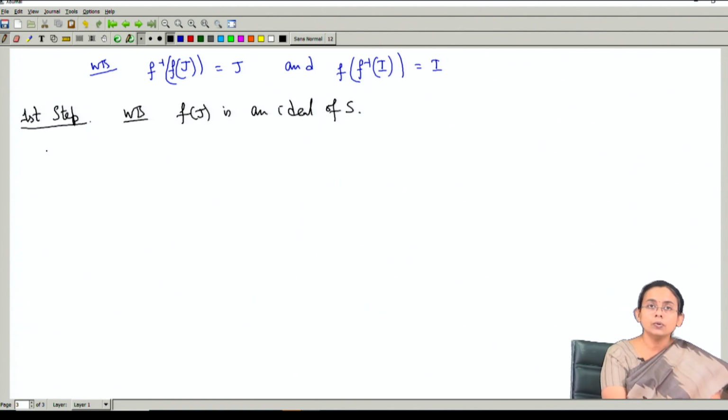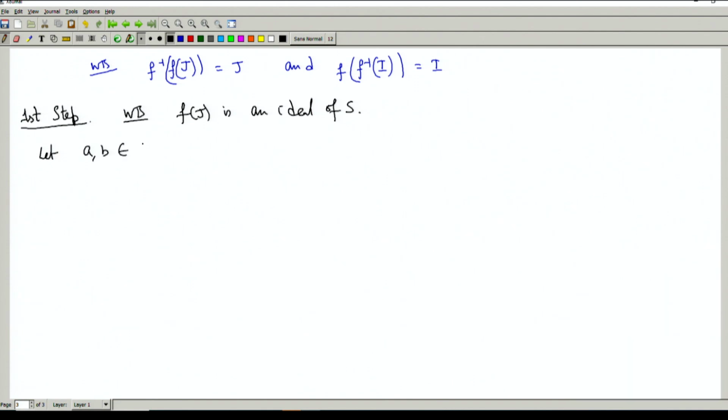But I know that a ring homomorphism first of all is a group homomorphism, and via a group homomorphism the image of a subgroup goes to a subgroup. Or if you want, we can straight away check also. Let A and B be two elements in F of J. I would like to show their addition A plus B is also in F of J.